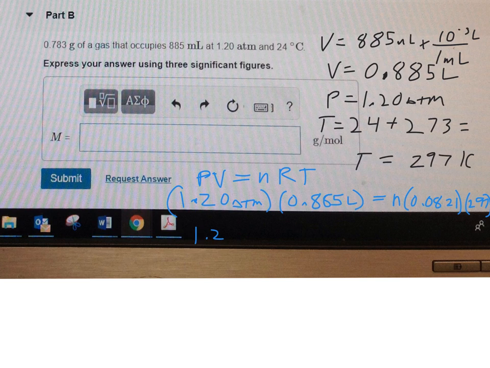So 1.20 times 0.885, and I'm getting rid of units because I'm working with a stylus and it's clunky. So anything less that I have to write simplifies the process for me here. Equals my number of moles.